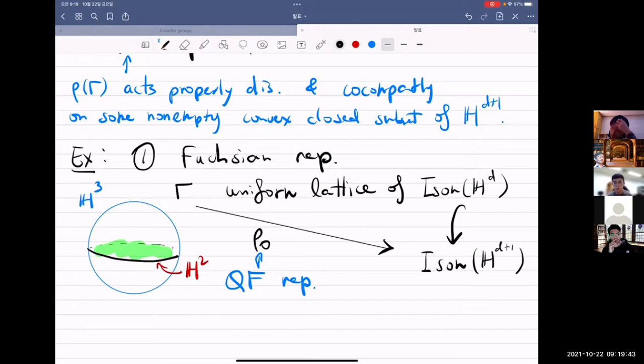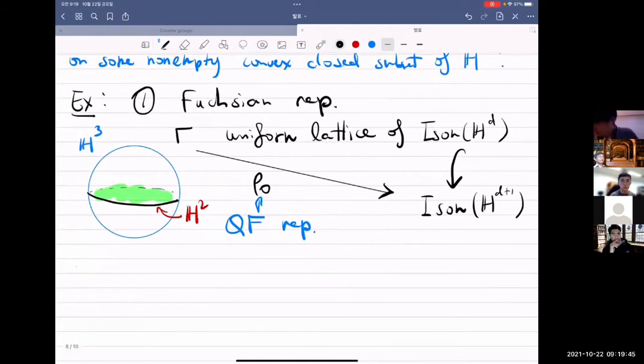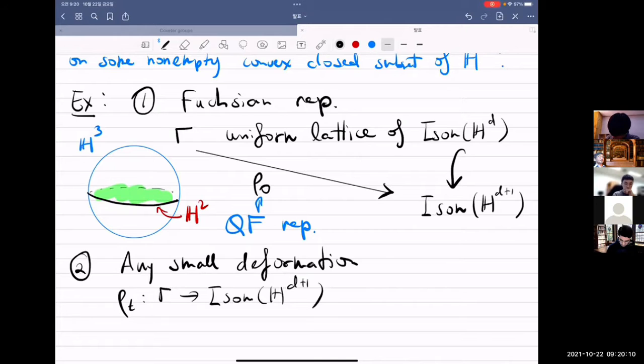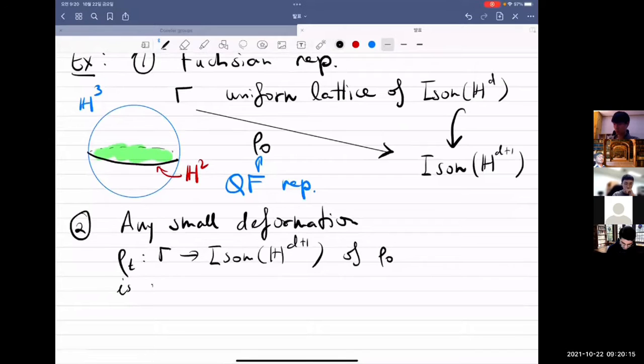This is a typical example, but then we can take small perturbations, any small deformations. Let's say rho_t, from gamma into the isometry group of H^{d+1}, a deformation of rho_0.